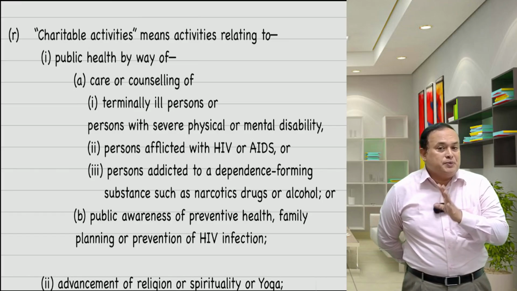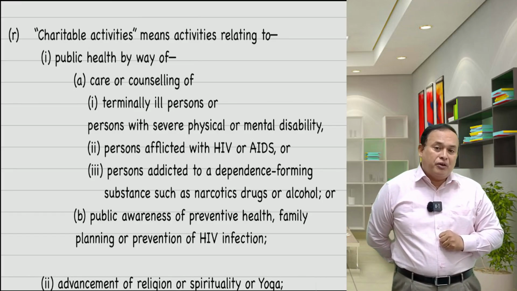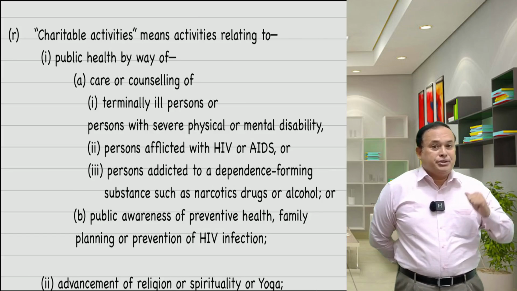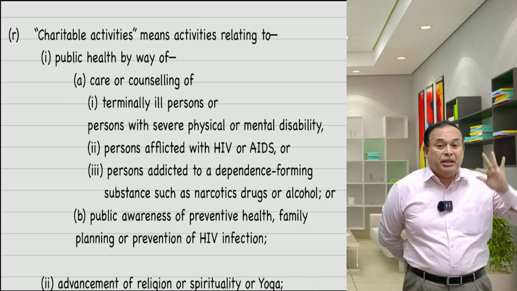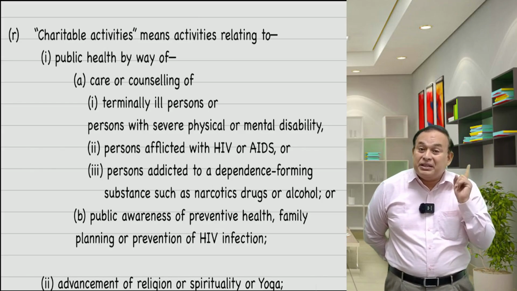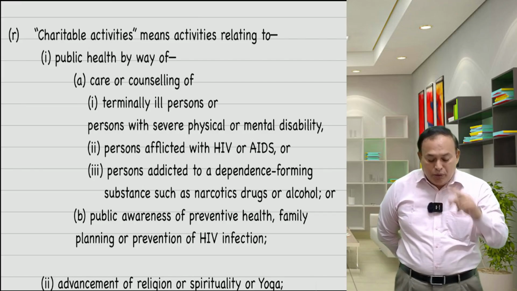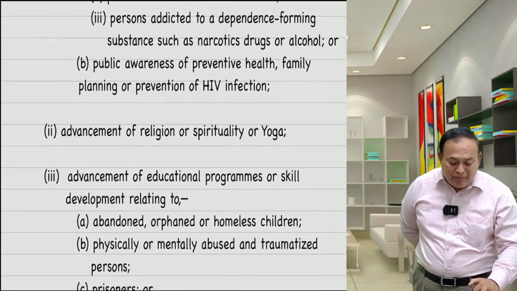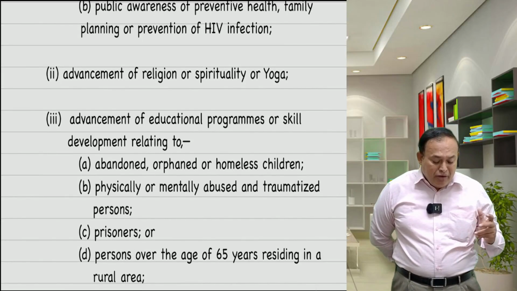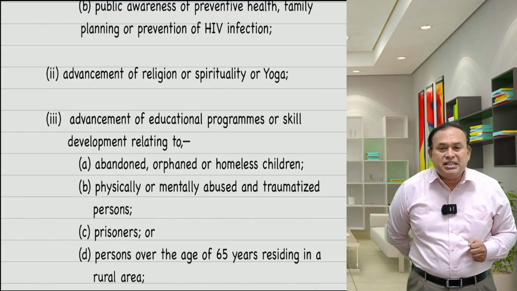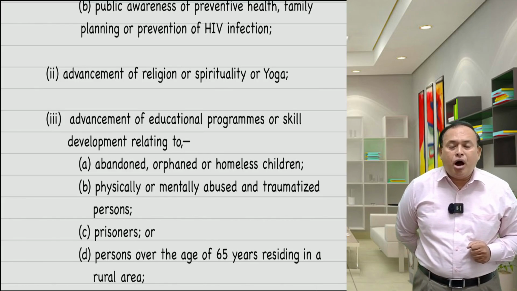For this specified supply of services offered by a charitable institution already registered under the Income Tax Act under section 12A or 12AB qualifies for an exemption. Followed by, charitable activities offered by a charitable institution by way of advancement of religion, spirituality or yoga.